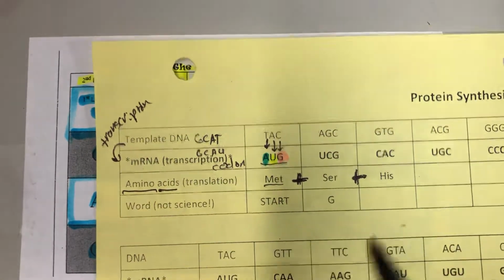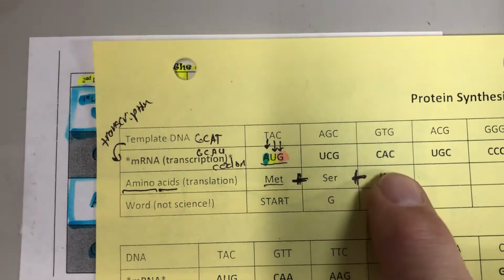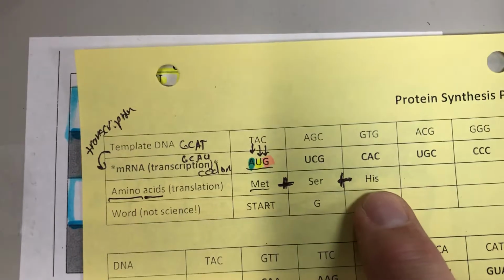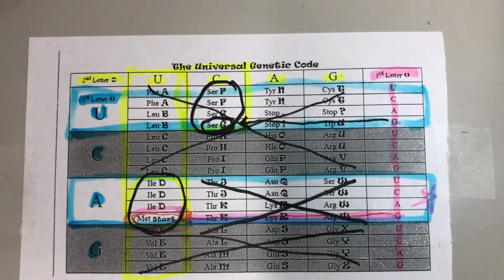Now the next one, it wanted us to look up the codon CAC. And CAC codes for HIS. HIS also matches up with a letter. Let's see which letter it matches up with.